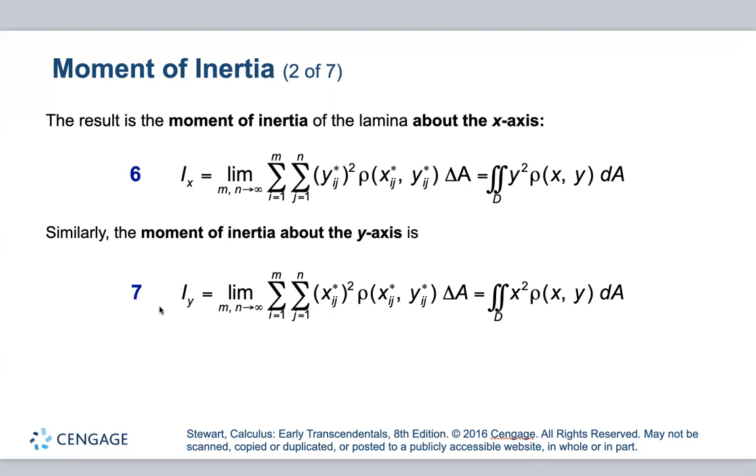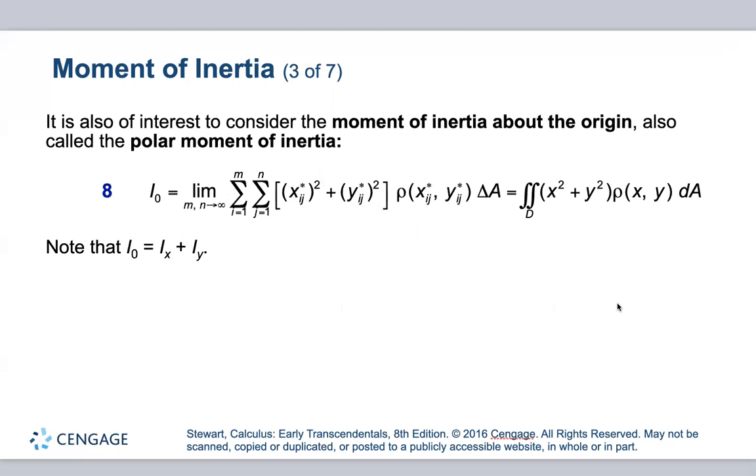Okay. And similarly, if you do the moment of inertia about the y-axis, you have to use the directed distance to the y-axis, so it involves x squared times rho dA. Okay. The other quantity that is sometimes of use in physics is the moment of inertia about the origin, or the polar moment of inertia.